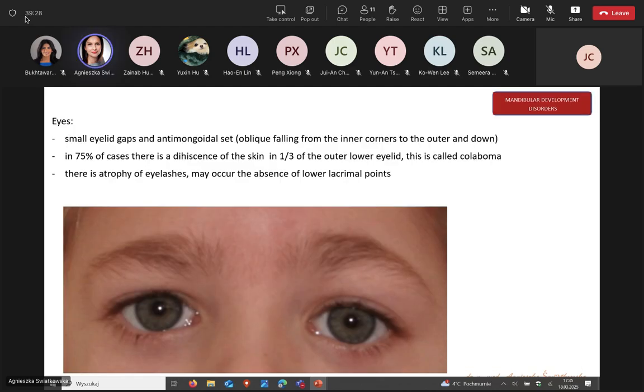Eyes: small eyelid gaps and antimongoloid set. In 75% of cases, there's a dehiscence of the skin in one part of the outer lower eyelid. We don't see it here. It makes place here, and this is called coloboma. There's atrophy of eyelashes, and there may be absence of lower lacrimal points.